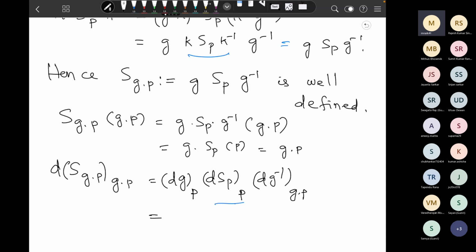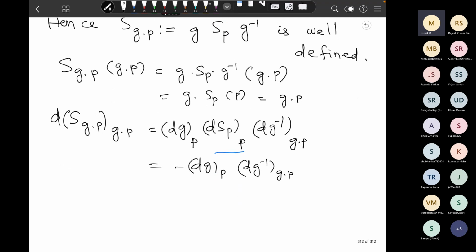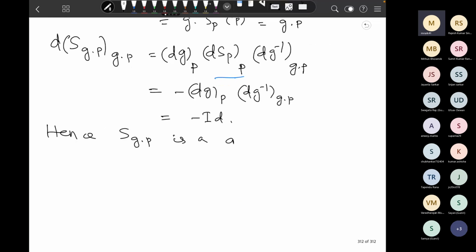So this is really minus of dG, dG inverse, and G and G inverse are inverses of each other, giving minus identity. So hence S_{G·P} is a geodesic inversion at G·P.